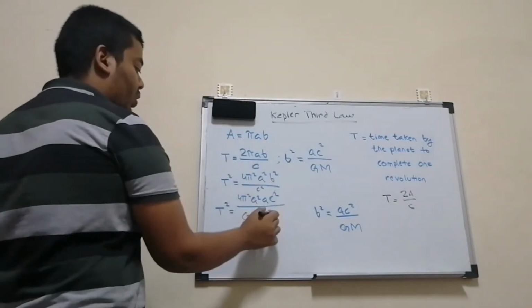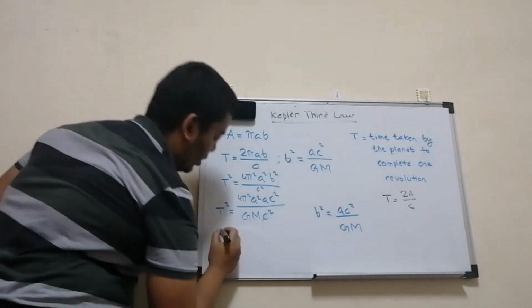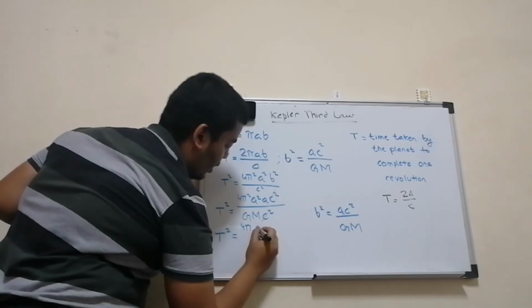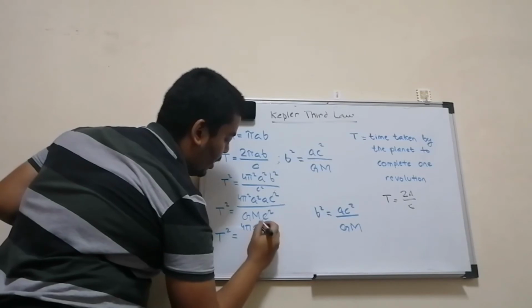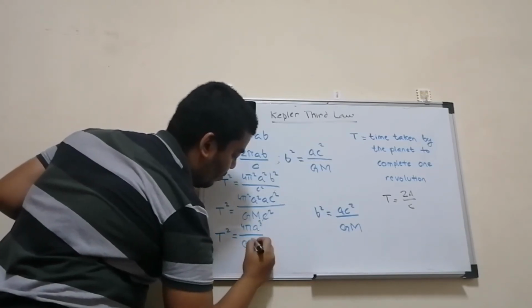So this c squared and this c squared get cancelled, and then we are remaining with T squared is equal to 4 pi squared a cubed over GM.